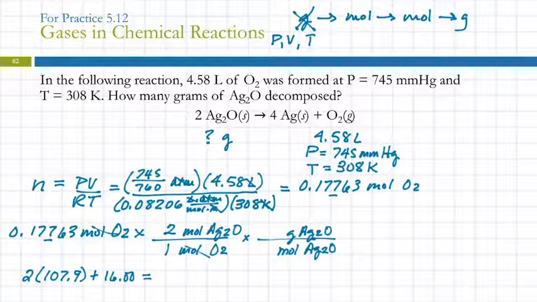So 2 times 107.9 plus 16, 231.8. That's the molar mass of that compound. 231.8. And the moles cancel.